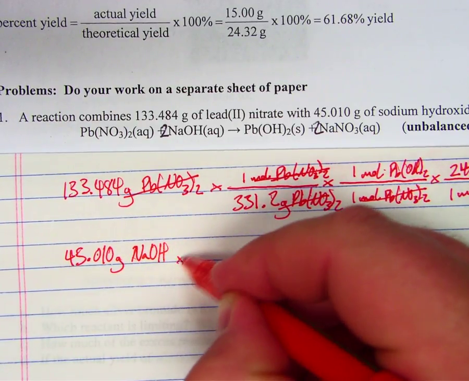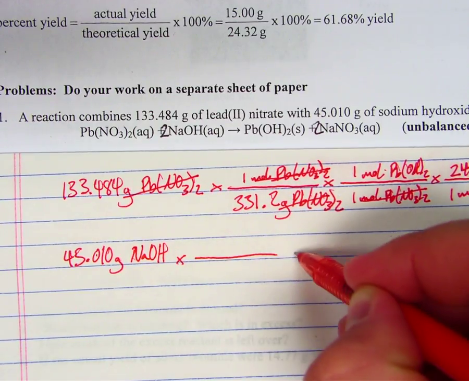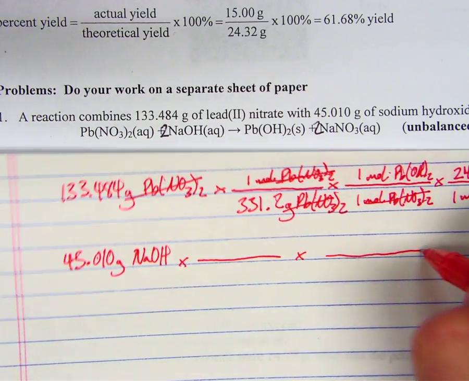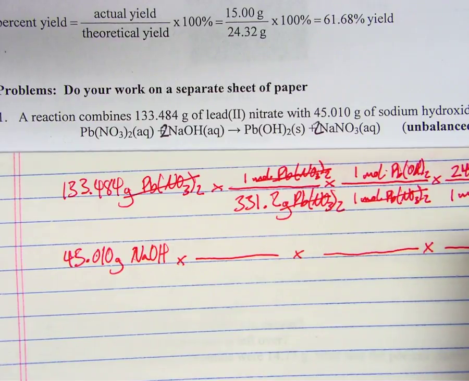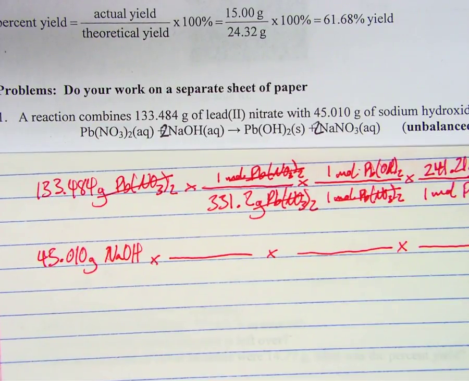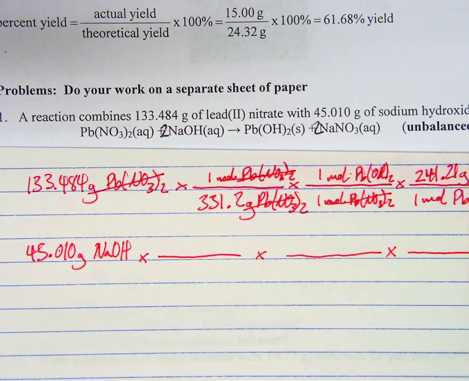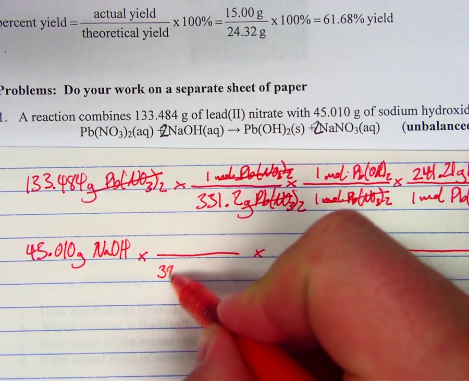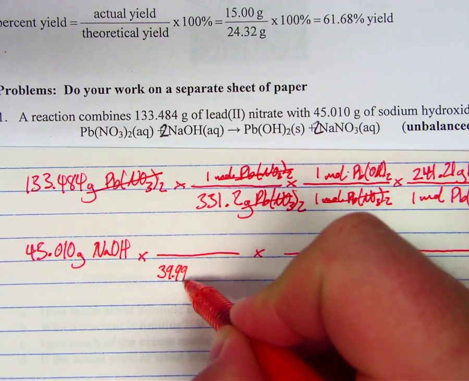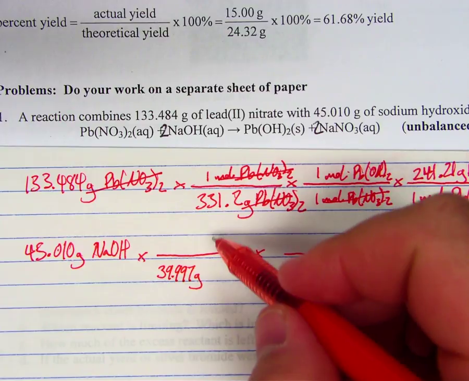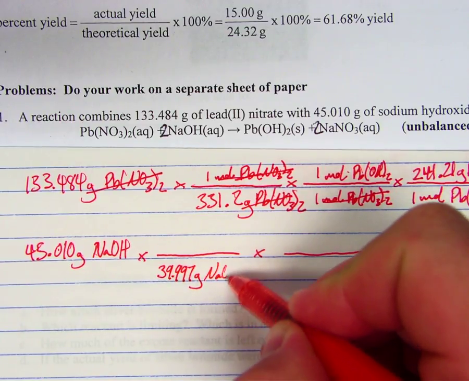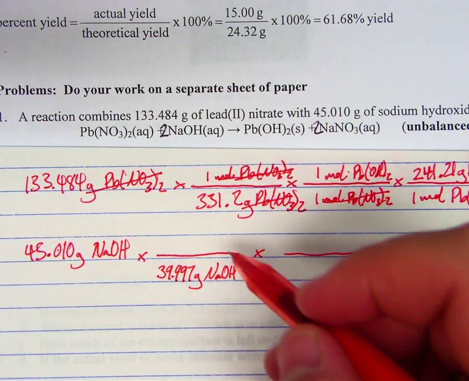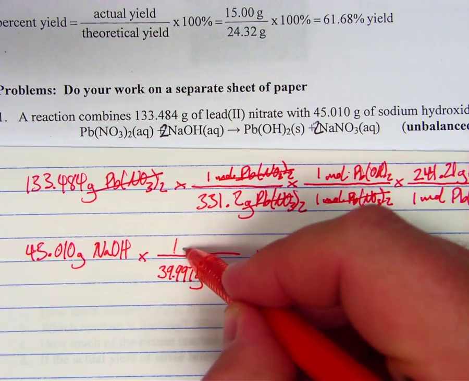My first step is to get this into moles, and it's going to be a 3-step again because we're going mass to mass. So I need to divide by the molar mass. The molar mass is 39.997 grams of NaOH. It's okay if you use a slightly different number. If you round it up to 40, you'll still get pretty much the same answer.